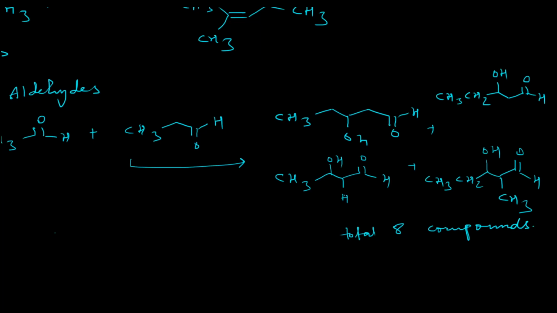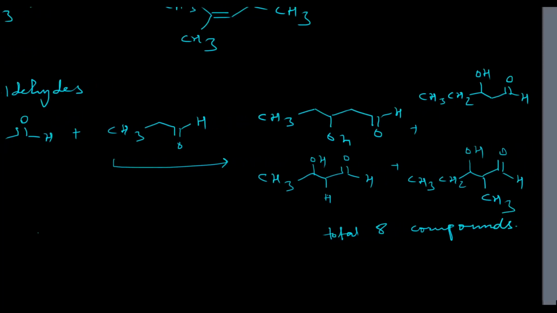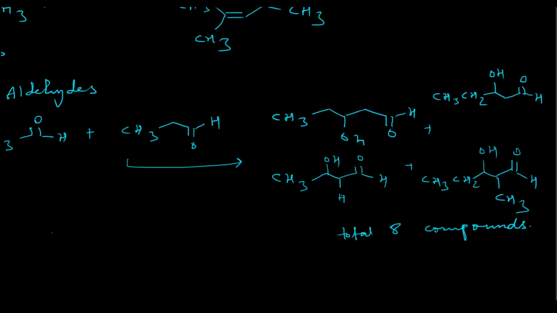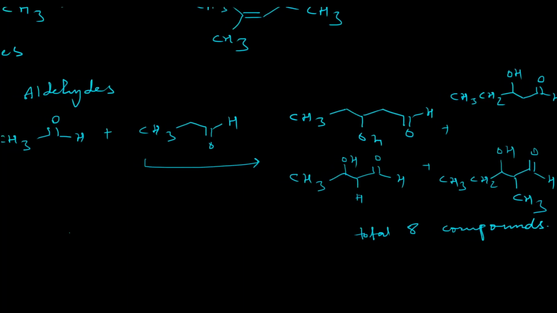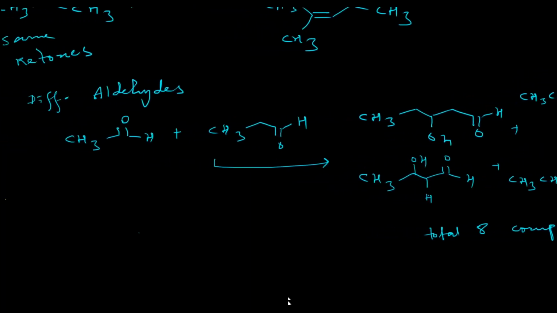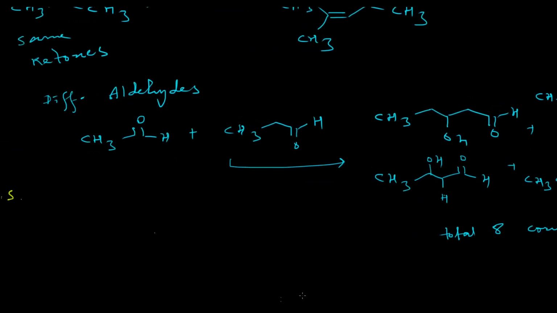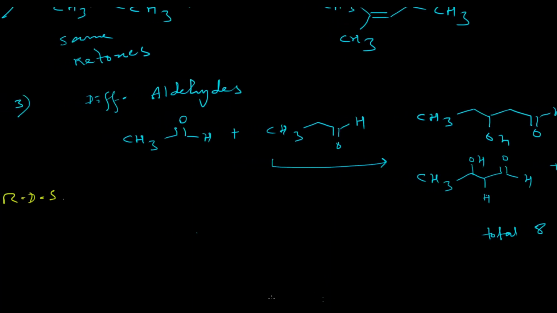So for that reason, to get one particular product as our major product, directed aldol conditions were performed. That will be the topic of discussion in our next video. So different aldehydes can react with each other.